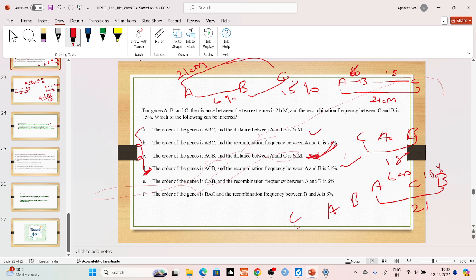If these are the two extremes, then this should be 21, and they have already given in the question that B and C is 15. So if B and C are 15, then how can CAB be the answer? So CAB cannot be the answer. B and C cannot go on extreme, because it is already given that B and C recombination frequency is 15%. So this is also incorrect.